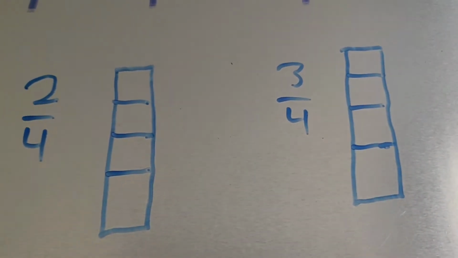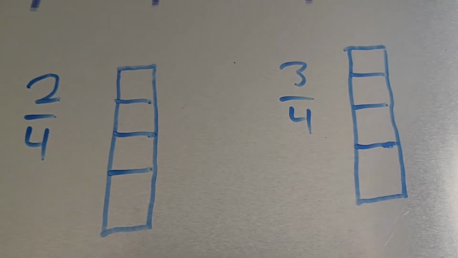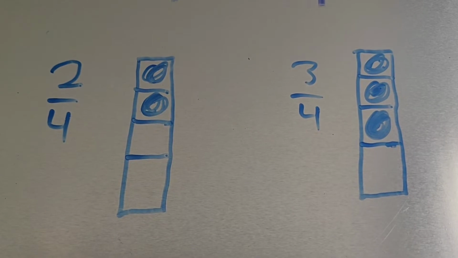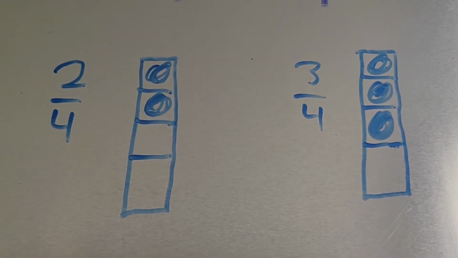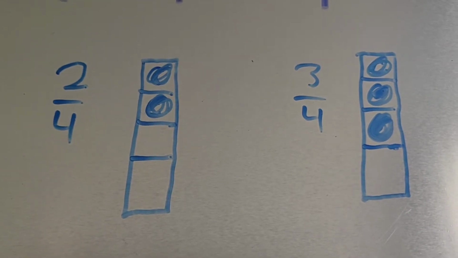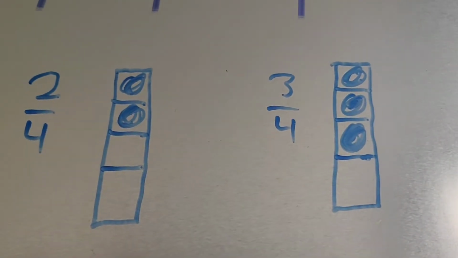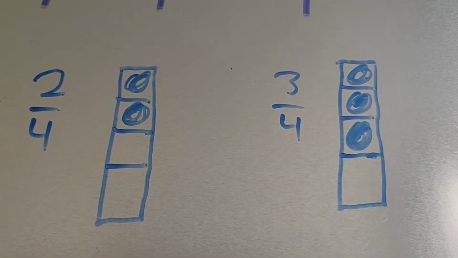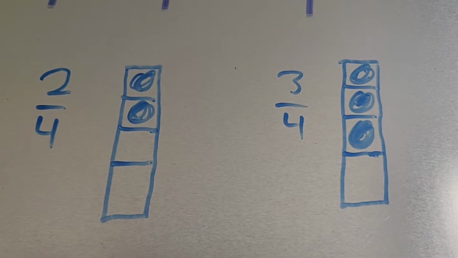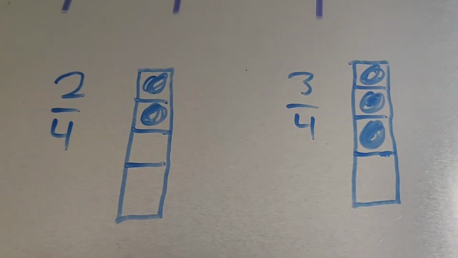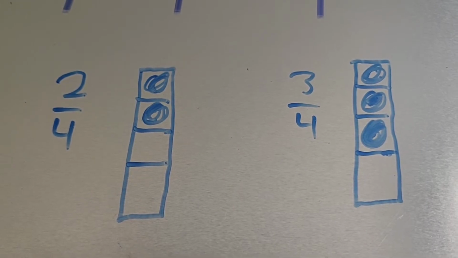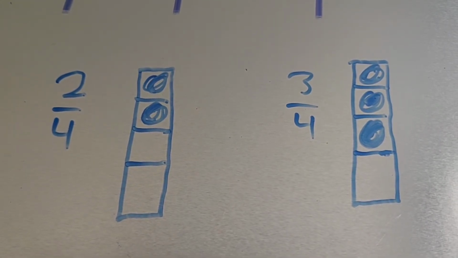So that makes it easy to compare 2/4 and 3/4, because the numerator in 2/4, 2, tells us that we have 2 of those same sized equal parts, and the numerator in 3/4 tells us that we have 3 of those same sized equal parts. So is 2/4 less than, equal to, or greater than 3/4?